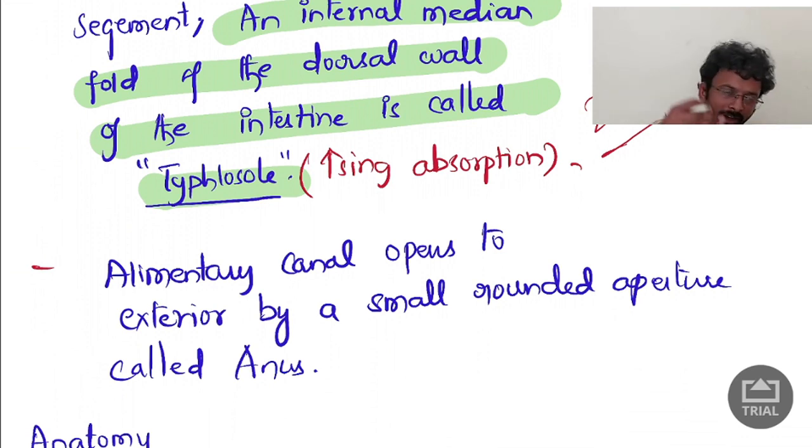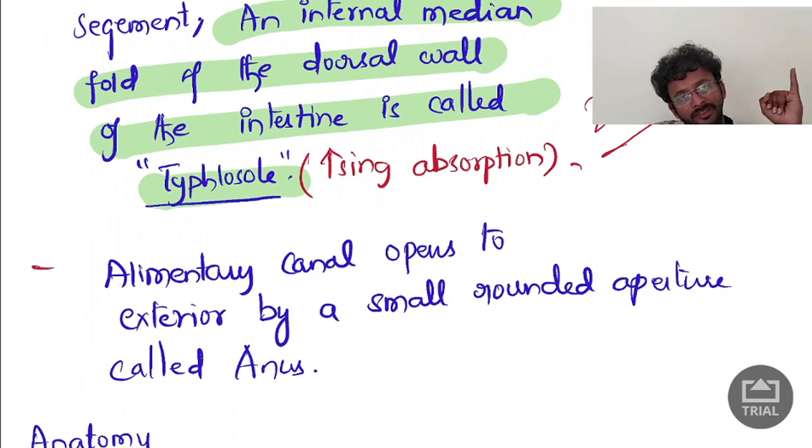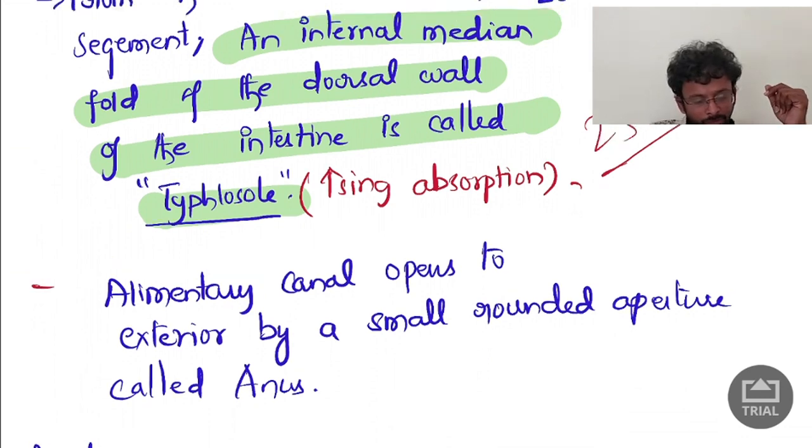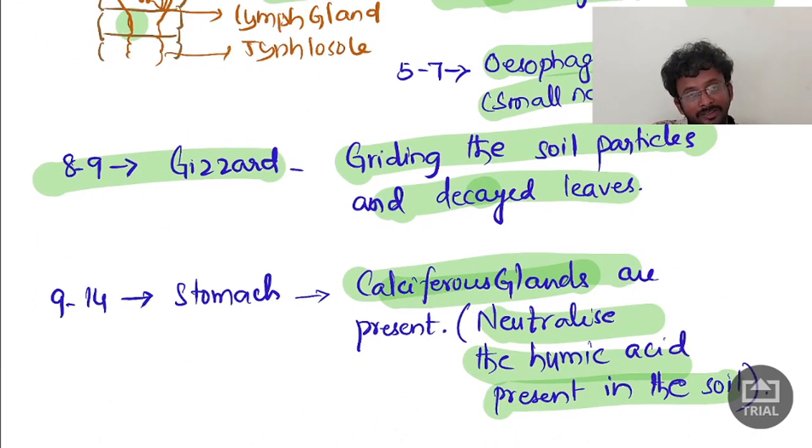Now let us recall it one time. Buccal cavity is present between the 1st to 3rd segments. Pharynx is present in the 4th segment. 5th to 7th is esophagus. 8th is gizzard. 9th to 14th is stomach.